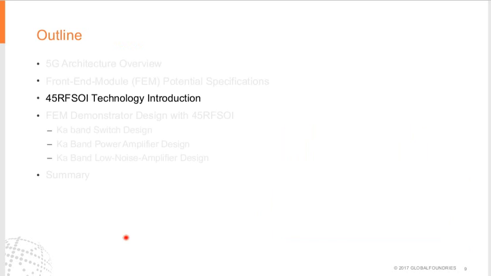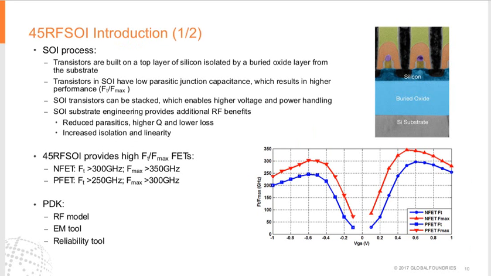In the following section, before the demonstrator and the design, I will give a simple introduction about the 45 SOI we used in the following demonstrator design. 45 SOI is an SOI process. The SOI devices are built on top of a silicon layer isolated by a buried oxide layer from the substrate.